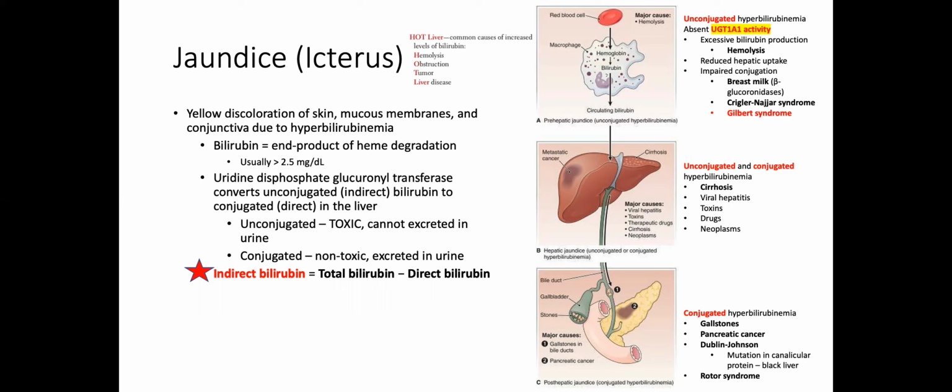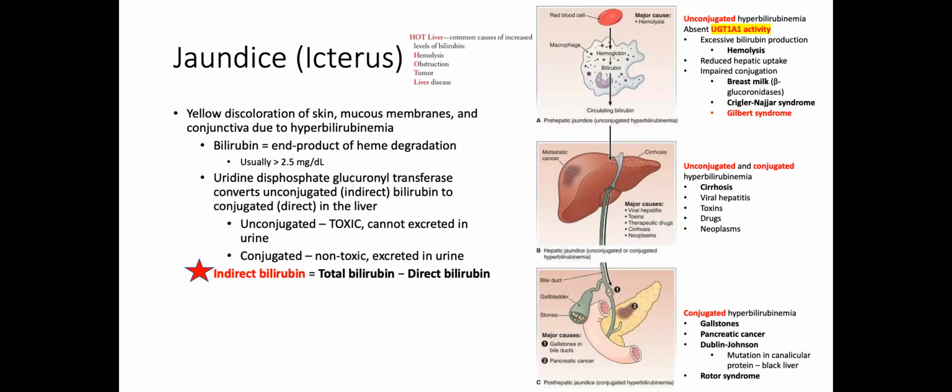In Gilbert syndrome, they have reduced UGT1A1 activity, but it's a milder form than Crigler-Najjar syndrome. Unconjugated and conjugated, kind of a mixed form, is going to be cirrhosis, viral hepatitis, toxic drugs, neoplasms. The conjugated form is going to be from gallstones, pancreatitis, and then Dubin-Johnson and Rotor syndrome.